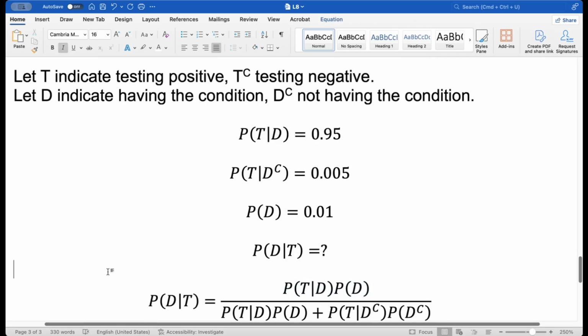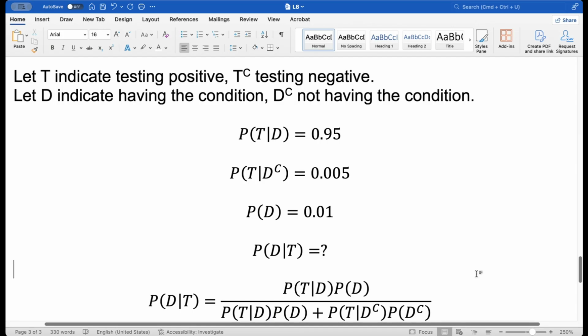All right, so in this case here, we're just going to have two cases, either having the condition or not, D complement. So only two products in the denominator. So the probability of D given T is, reversing, the probability of T given D times the probability of D. Downstairs, we have that exact same term again, plus the probability of T given D complement times the probability of D complement.